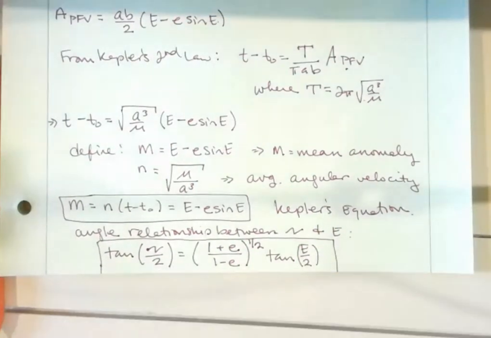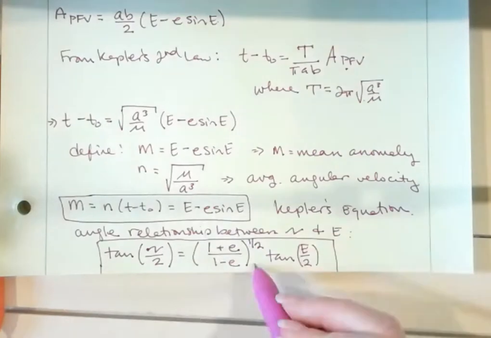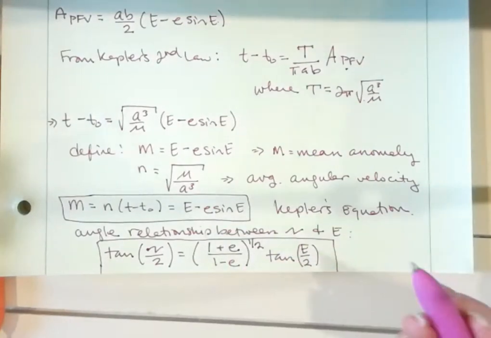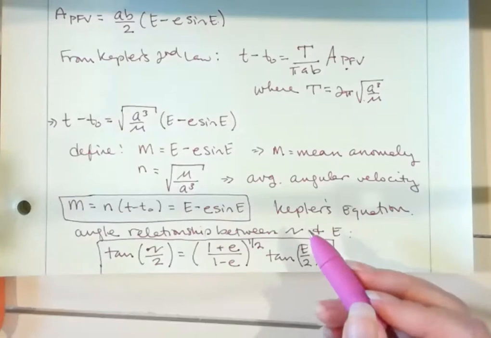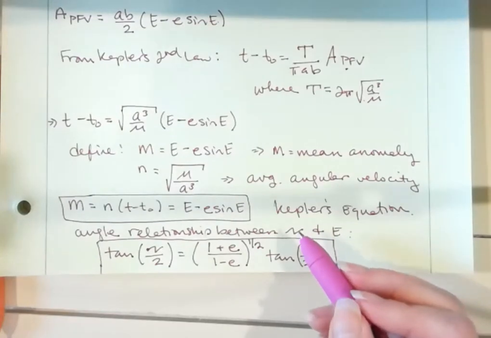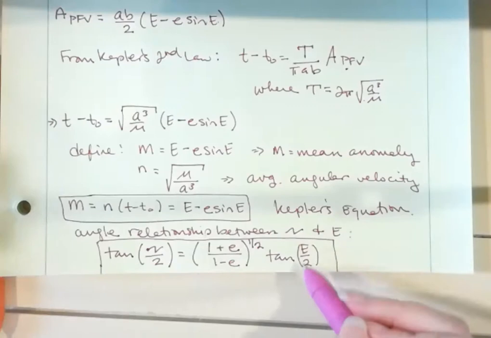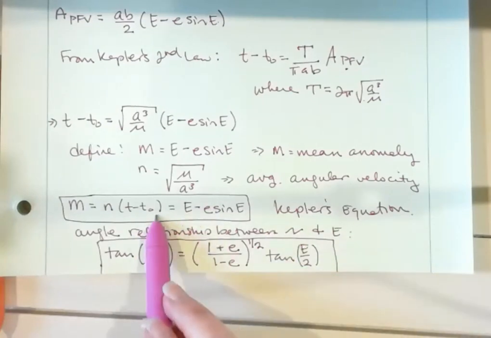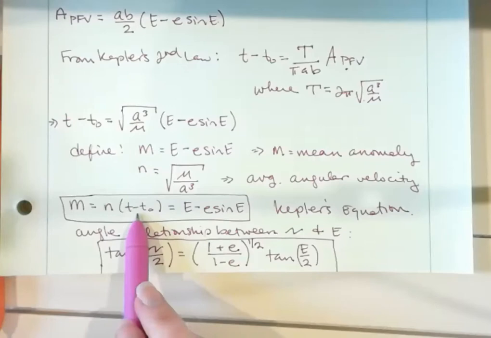All right, so now we have that. These two things are going to be important. You might wonder why they're important. If you think about it, up until now, we haven't had any equations really that related the position of our orbiting object to time. So this equation here gives us time in our equation.